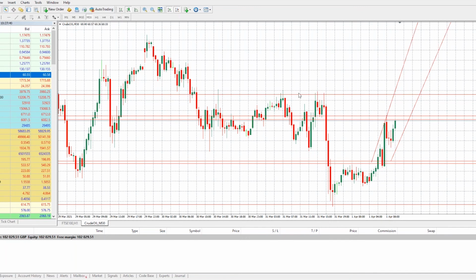Okay? Another option, if you don't like to buy from the high point, is a pending order in case oil pulls back down, a pending order maybe from this support level here. Okay, we see on the 30-minute candles, the first time it pulled back, it hit this price, held, and bounced.